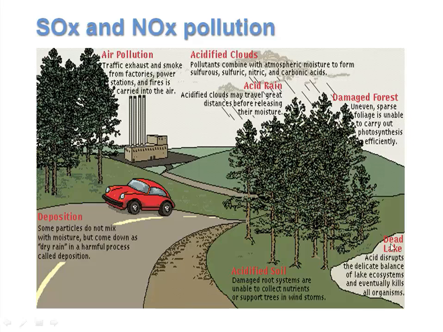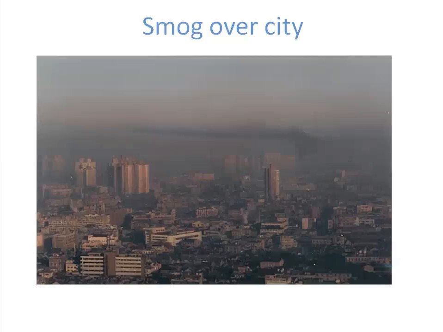Many times if this acid rain mixes into a lake or water reservoir, the reservoir becomes dead, so no organism grows in that water. It looks very clear and transparent, but it is dead.